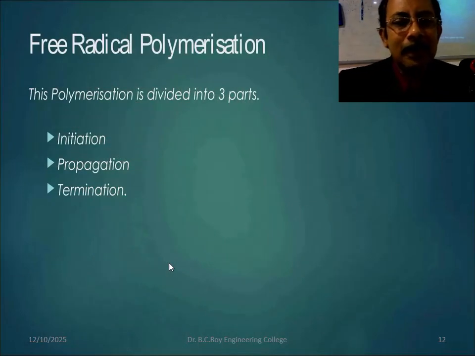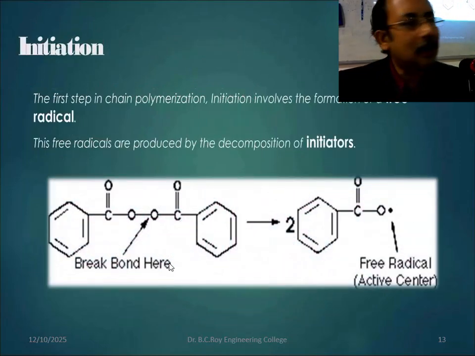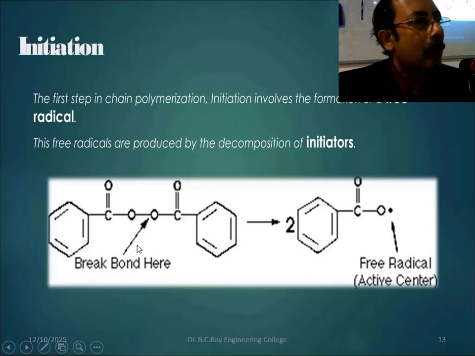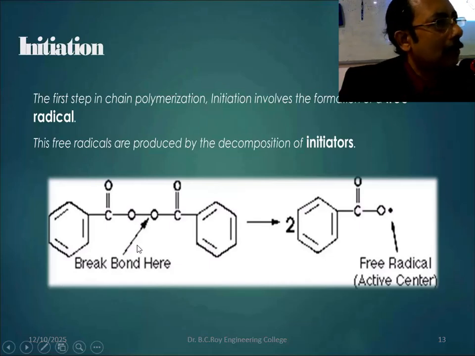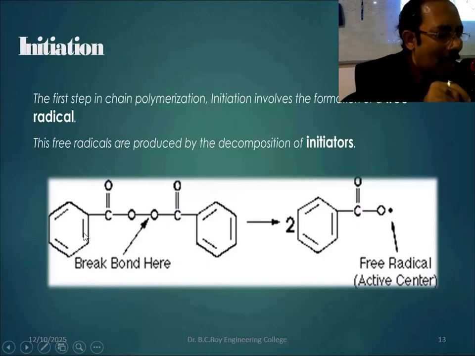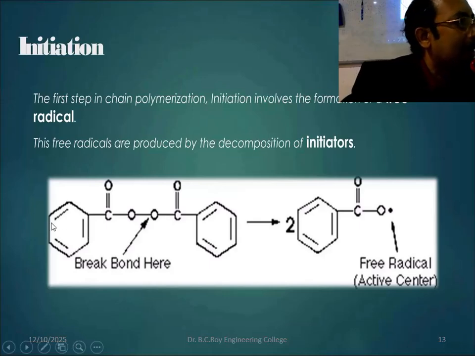Free radical polymerization has initiation, propagation and termination. This is the initiation, where a bond breaks. It is not always ROOR. In this case you can have ArOOAr or ArCOOAr, where Ar is an aryl group. Whenever we write R it means an alkyl group, but if it is a ring compound we call it aryl.